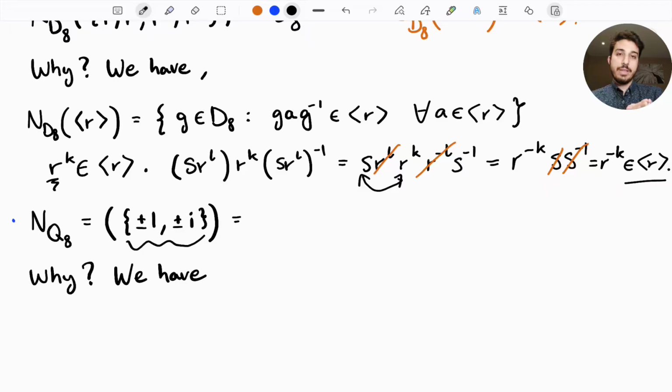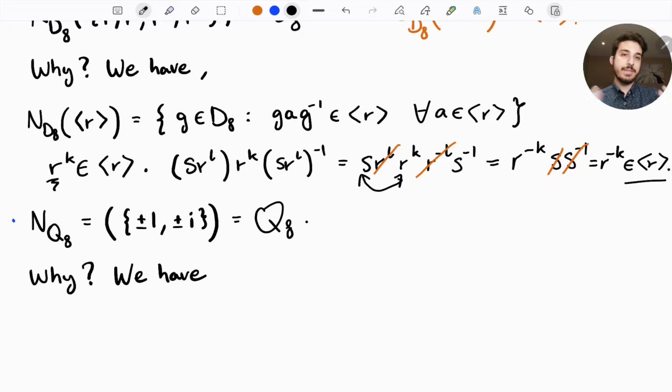Now let's see the example of the normalizer of this set containing plus 1, minus 1 and plus i, minus i in the group Q8. What would that give us? Well, I'm here to tell you that the normalizer here is also Q8, the entire group Q8. And how is that possible?